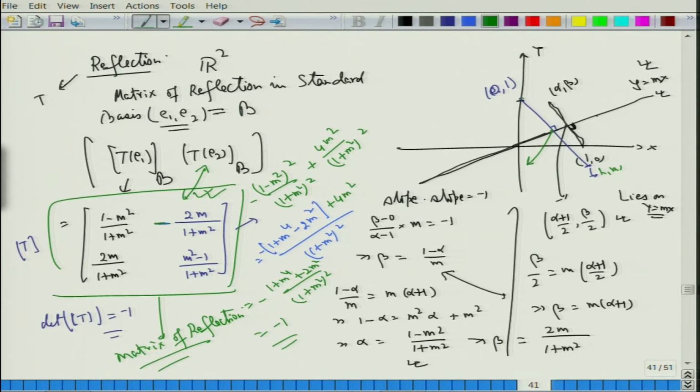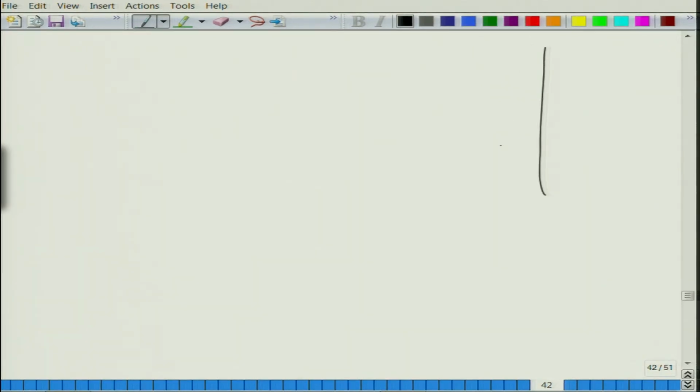Fine. Now, what is more important is, once you have understood this, I would like you to understand that I can also think of something here. This is the line that I am looking at, y is equal to mx. There is a point here which is 1, so y is equal to mx. So, if x is 1, y is m, fine.